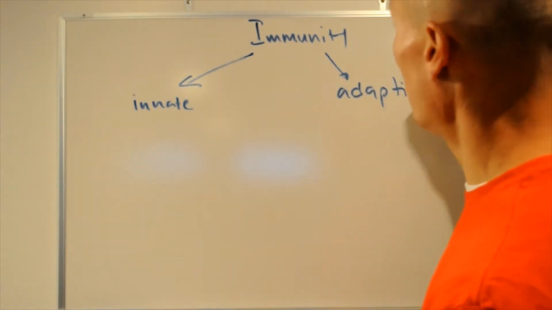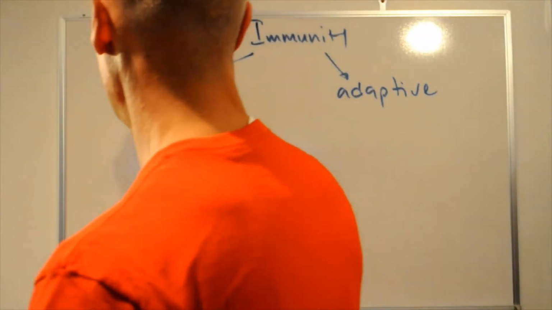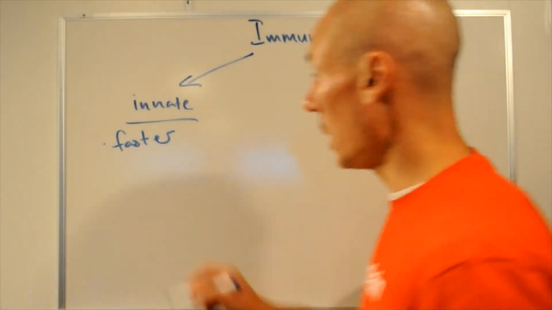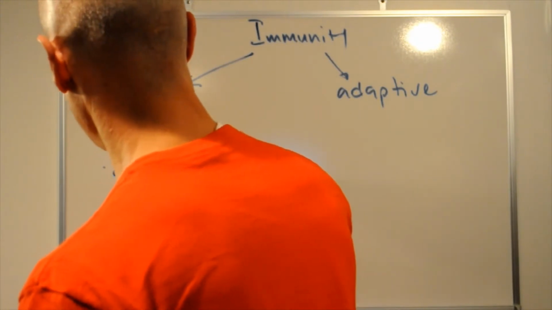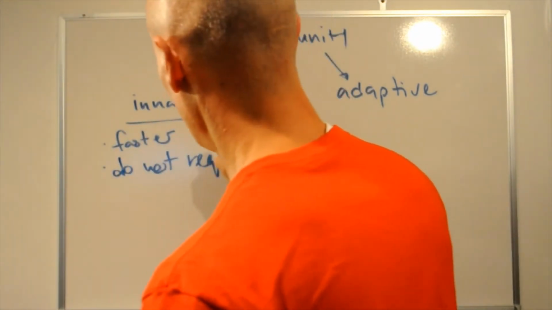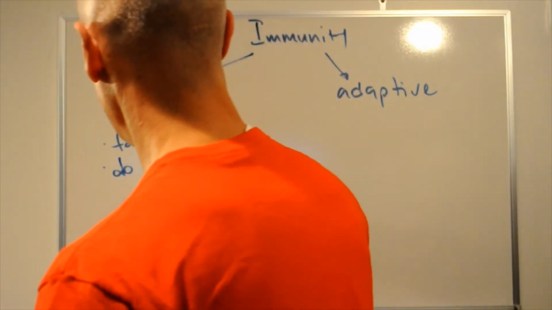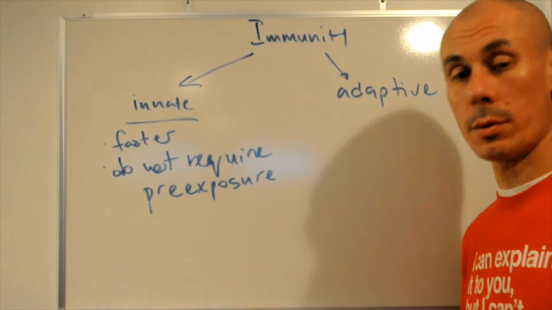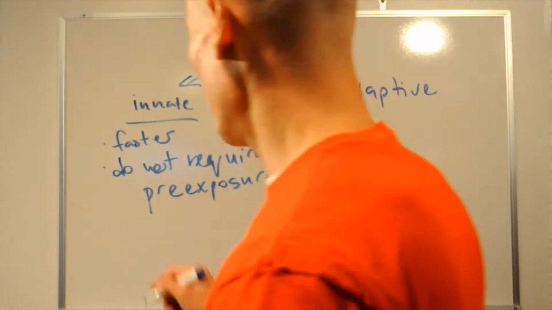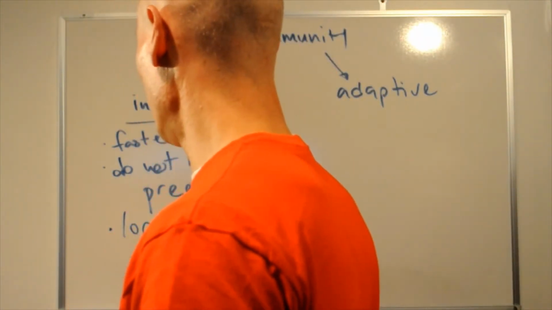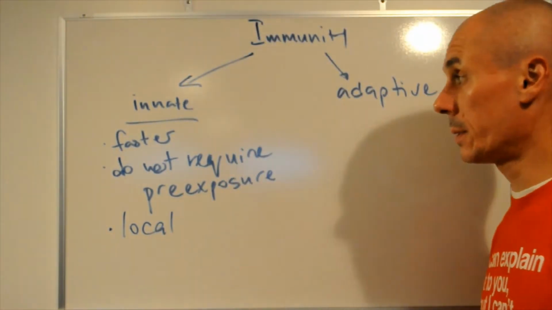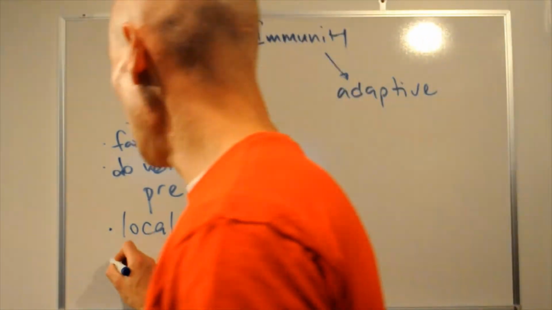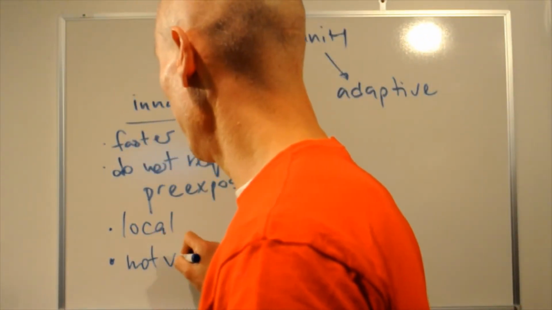So innate responses are usually faster, since they do not require pre-exposure to the pathogen. However, they are relatively local. Inflammatory response is an example of it. They're also not very effective.